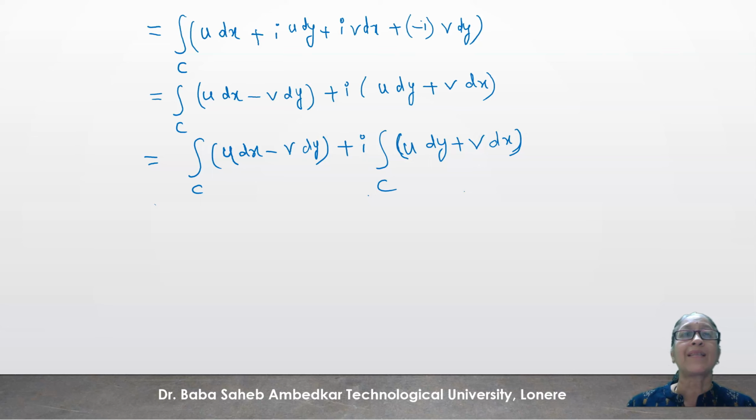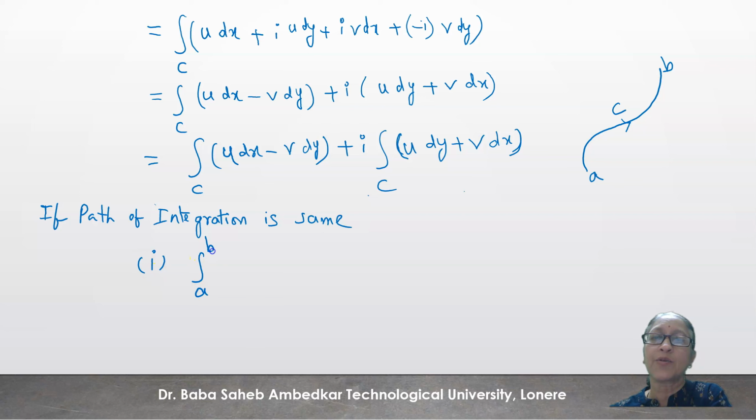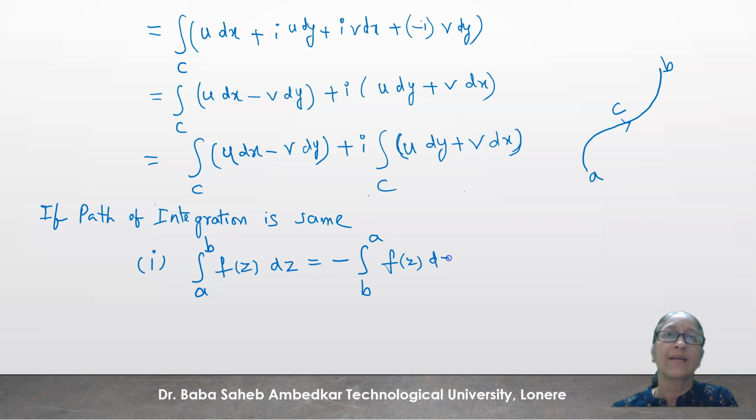Okay, now the path of integration. If the path of integration is the same, that means if there is a curve, a path like this from A to B, then the integral from A to B of f of z dz equals minus the integral from B to A of f of z dz.